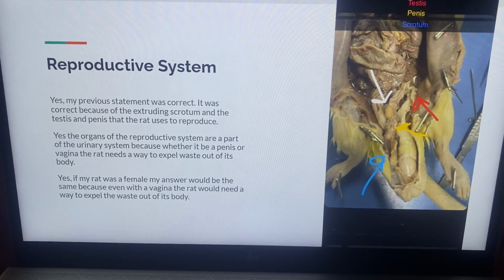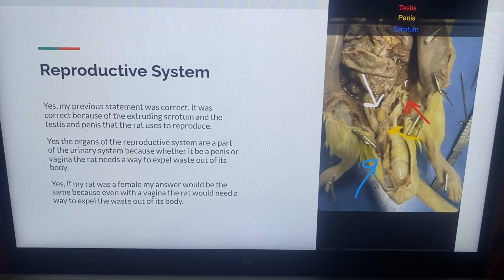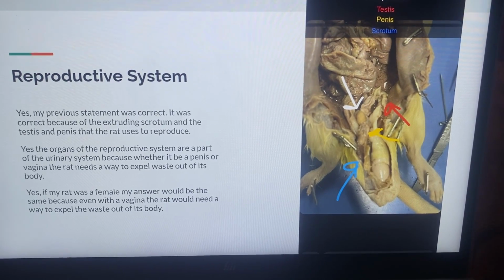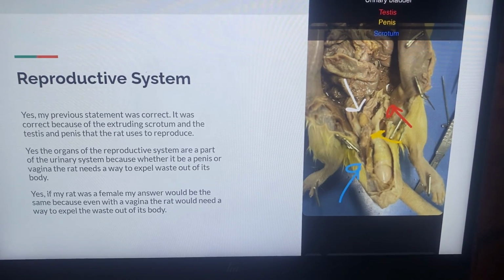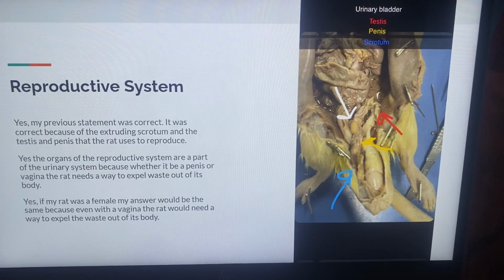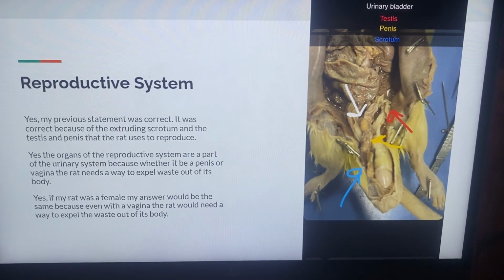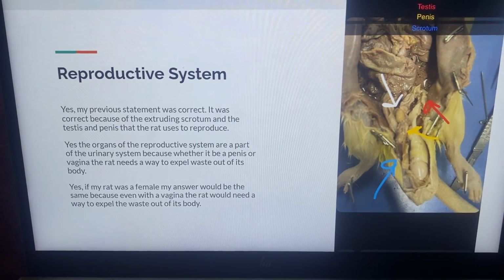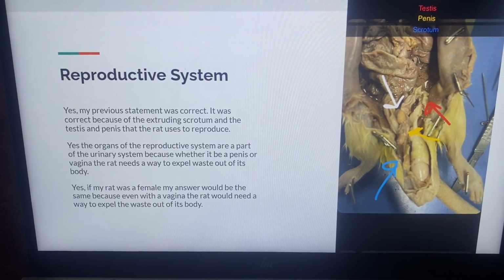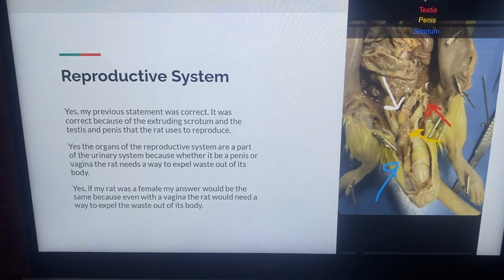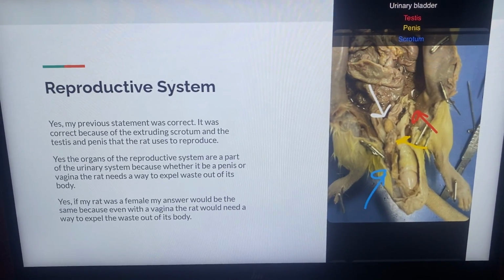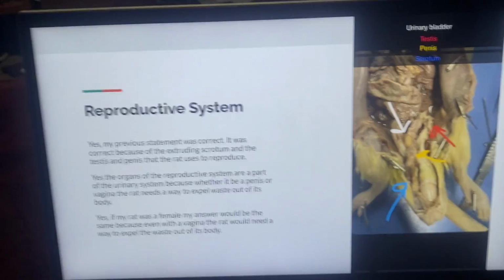And we can also tell from the picture, the penis used to expel waste and the urinary bladder, part of the picture. And then, yes, if my rat were a female, my answer would still be the same because even with a vagina, the rat would need a way to expel waste out of the body, and I would still have the urinary bladder and a way for reproduction.